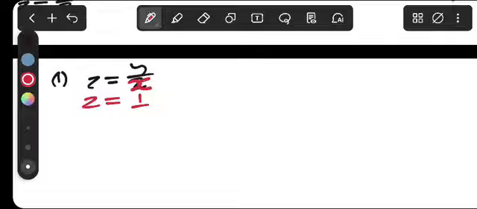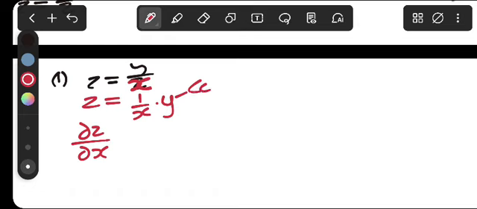All right, this is the same as y, 1 over x multiplied by y. You know the maths, right? So let's take the partial derivative with respect to x. All right, with respect to x, remember this will be a constant. y will simply equal a constant, right?